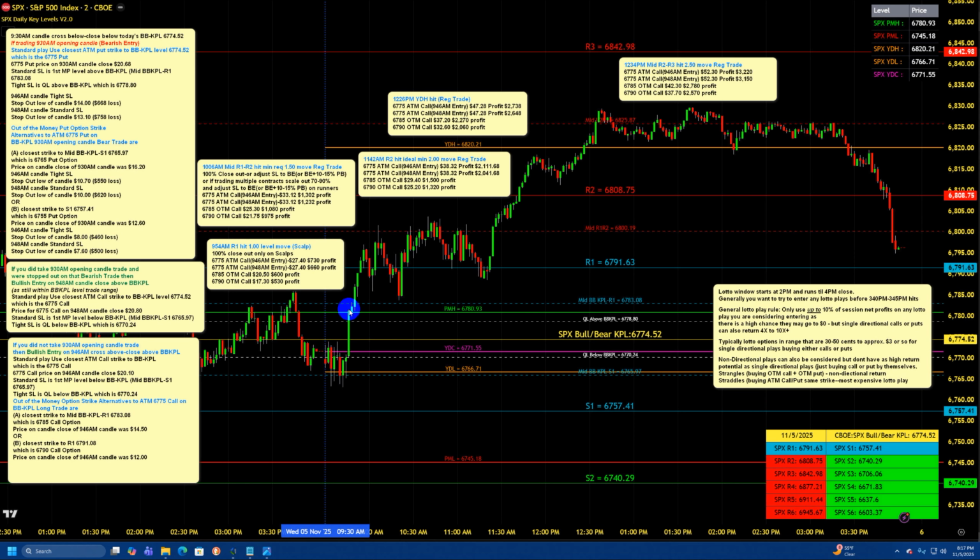If you used the standard stop loss, you were stopped out here on this candle, and this candle is still within the acceptable range for the bull bear key price level as far as a trade from the bull bear key price level.